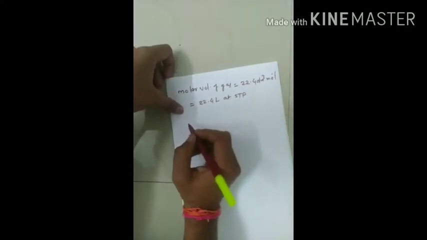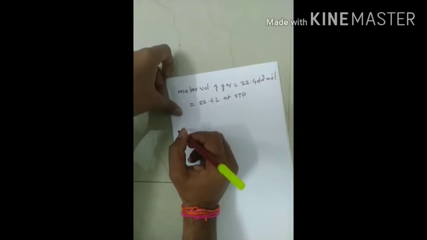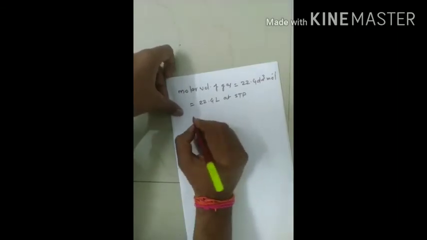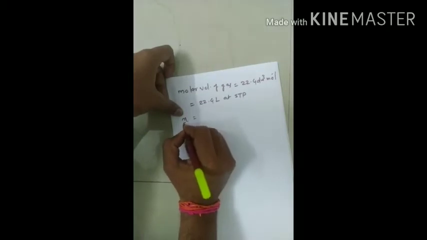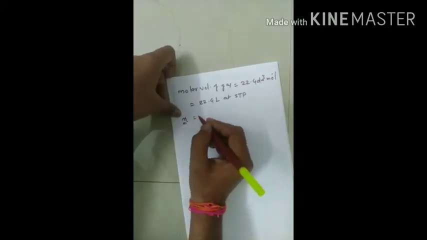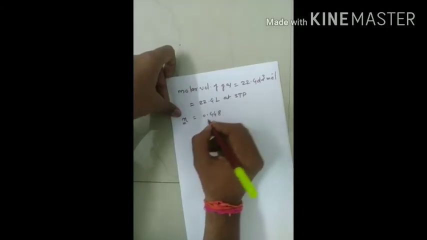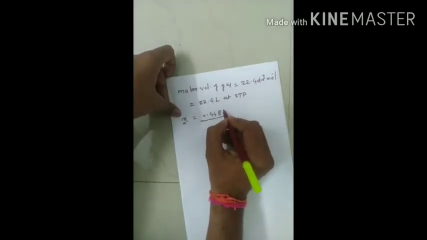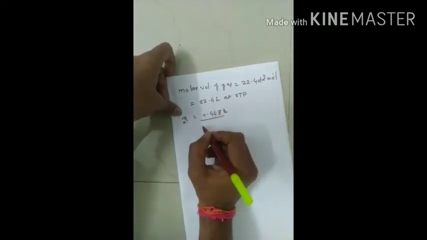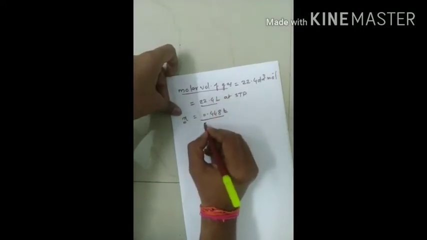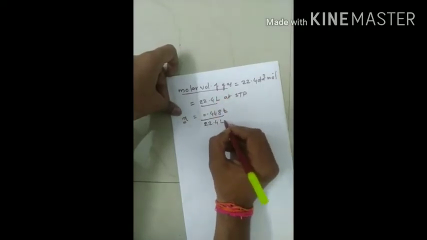So when we put the values in the formula, number of moles, denoted by small n, equals volume of gas at STP divided by molar volume. The volume of gas at STP, given in your problem, is 0.448 liter, and the molar volume of gas in terms of liter is 22.4 liter per mole.